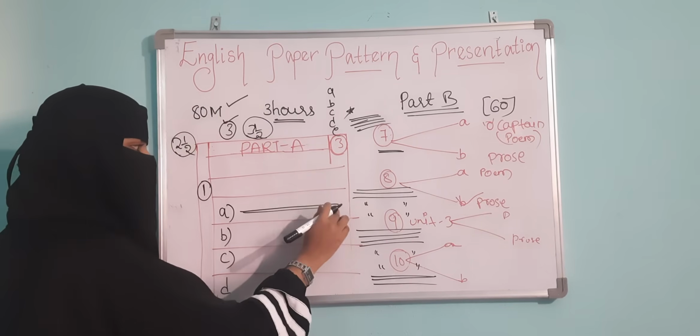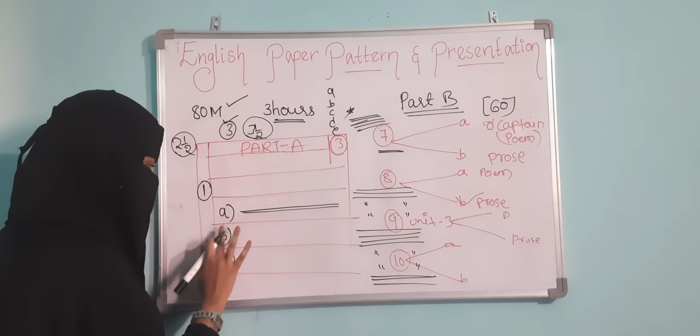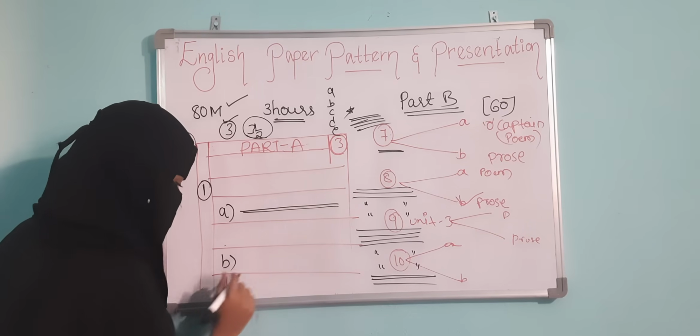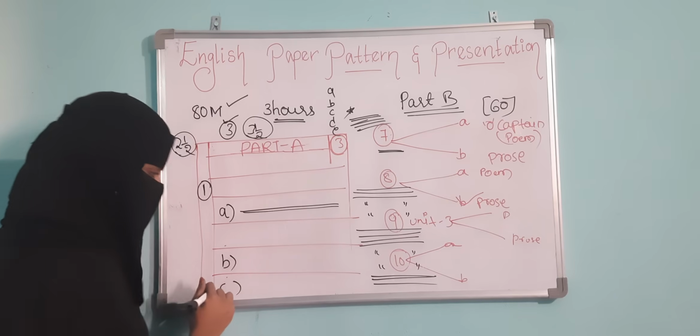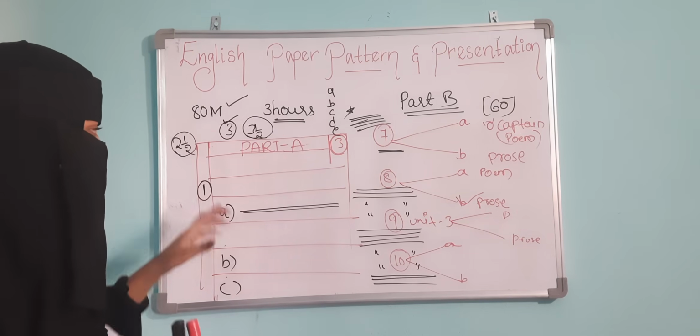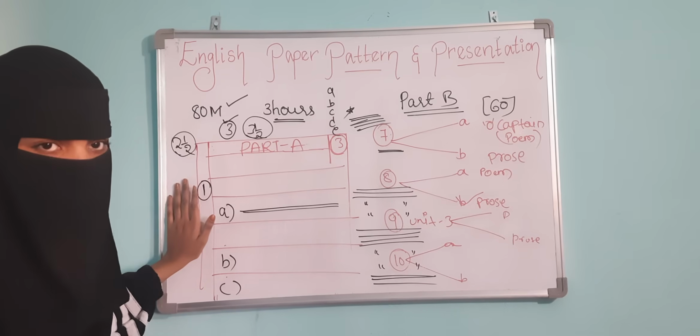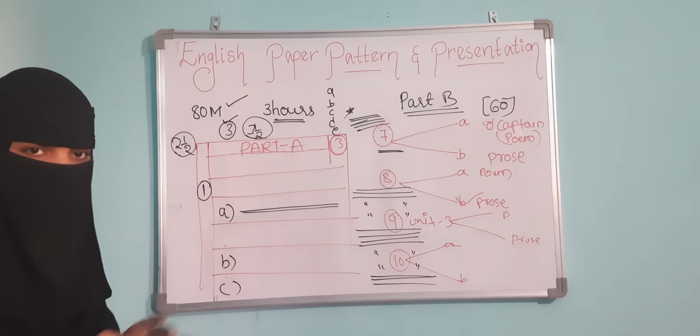See, if it is taking more than 1 line, then you write B here. Okay, again you write here, C here. Like that you need to write. Getting my point? You should write 1 here and you should write this here. So this is the pattern, or this is the way you write part A questions.